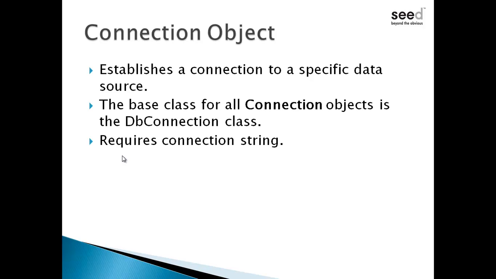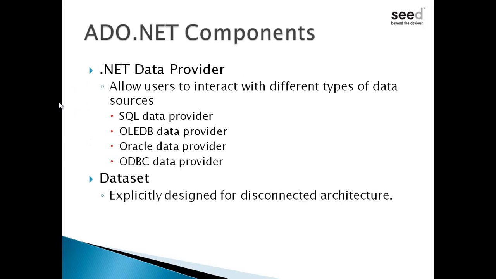The base class for all connection objects is the DB connection class. Now what does it mean? As we have discussed earlier, there are 4 providers available, and in each provider there is a connection class: SQL connection class, OLEDB connection class, Oracle connection class, ODBC connection class.